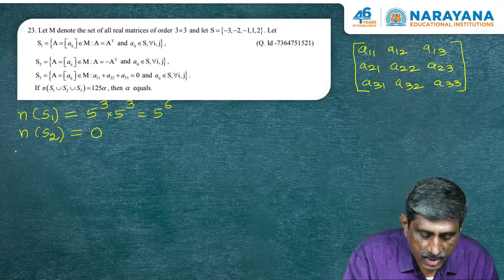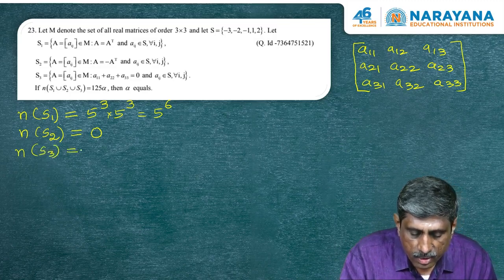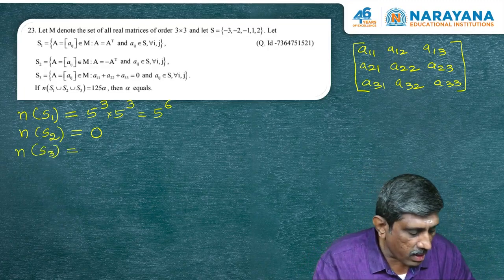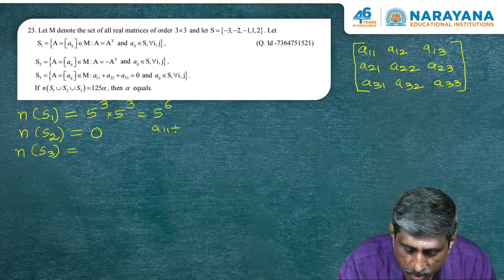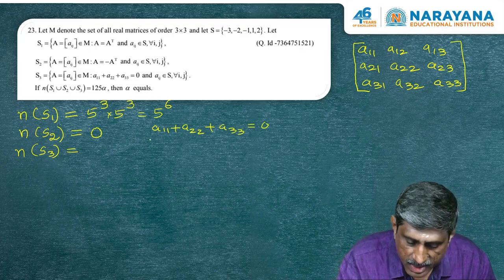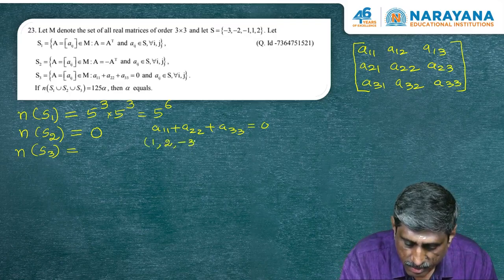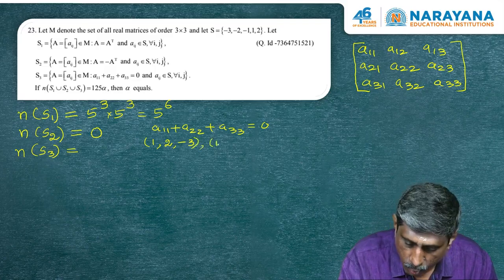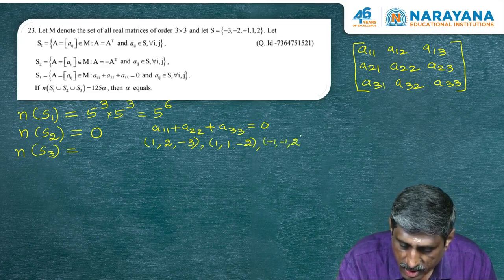Let us come to n of S3. When you calculate n of S3, the sum of the elements should be 0. So, what are the possibilities to get sum of the elements is 0? Let us just do it here now. A11 plus A22 plus A33 is equal to 0 means what are the possible combinations we have, which is 1, 2, minus 3, the sum is 0, or 1, 1, minus 2, the sum is 0, or minus 1, minus 1, 2, the sum is 0.